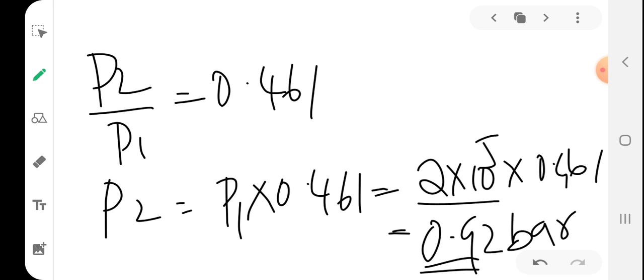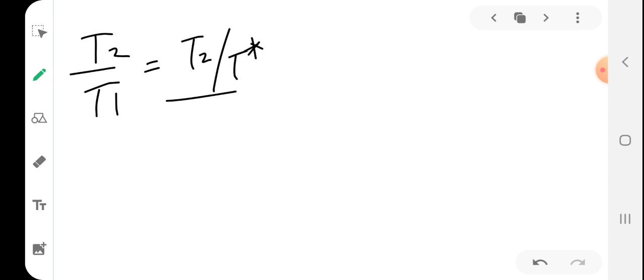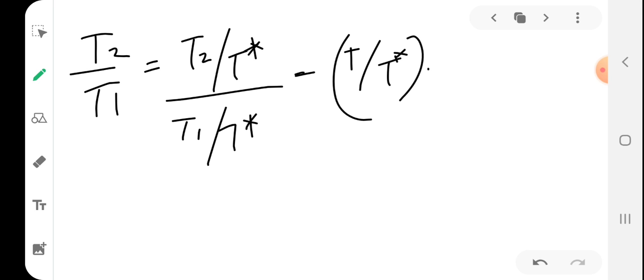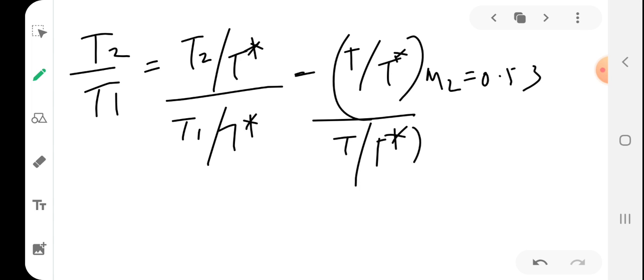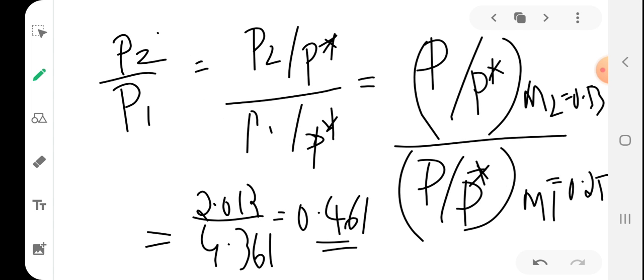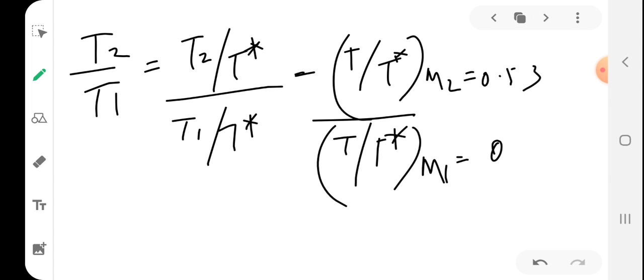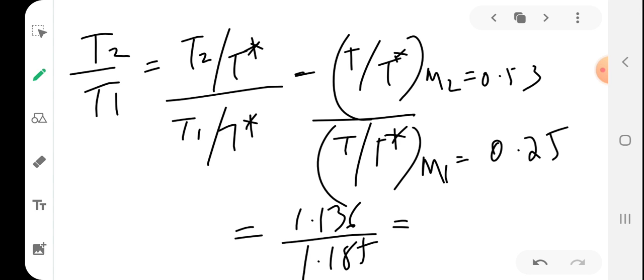Now similarly you have to find out T2 by T1. So T2 by T1 can be written as T2 by T star divided by T1 by T star, or T by T star corresponding to Mach 2 equal to 0.53, divided by T by T star corresponding to Mach 1 equal to 0.25, and from the table you will obtain it as 1.136 by 1.185, and it will be 0.959 from the table.